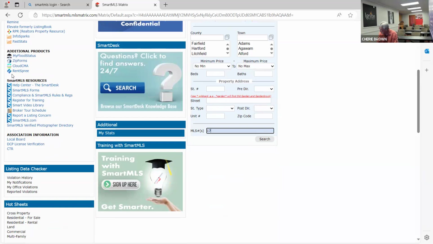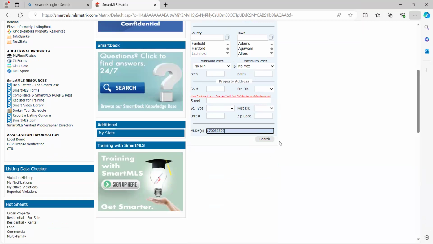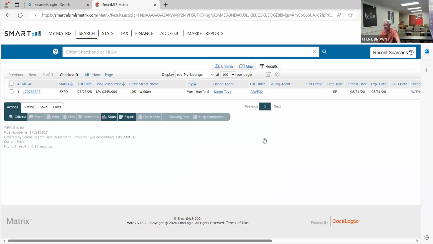MLS number 170283503. I pull it up. One of the reasons I like using this property is that it was on the MLS at one point in time, so we have an advantage of seeing photos of it.